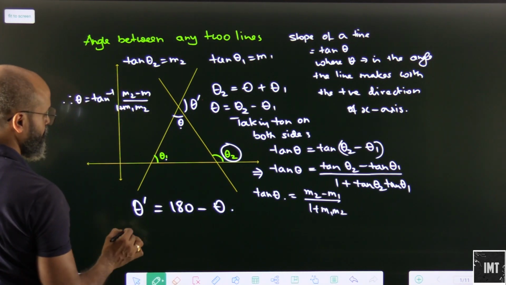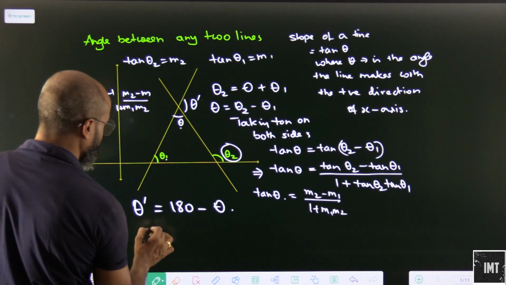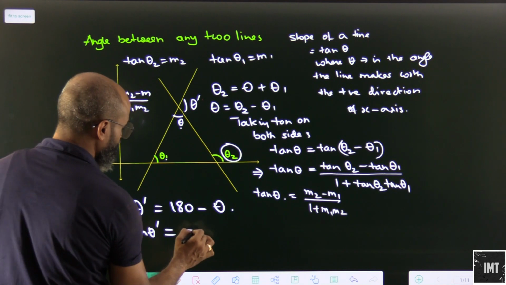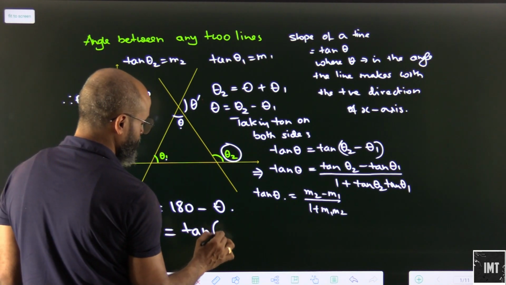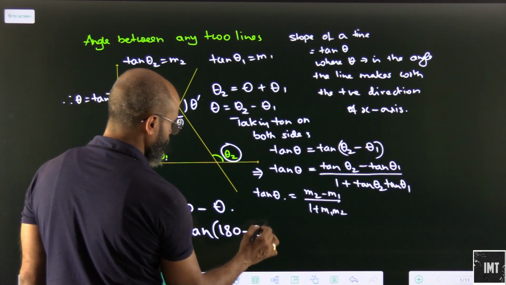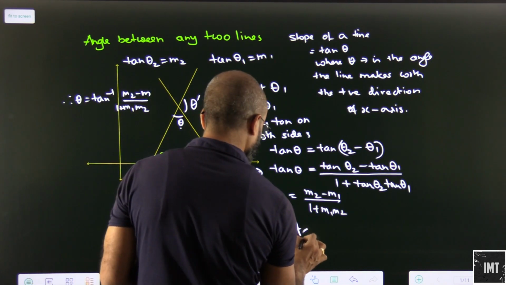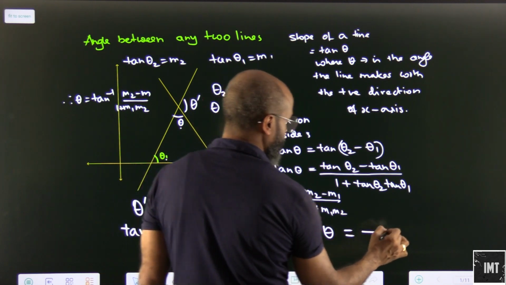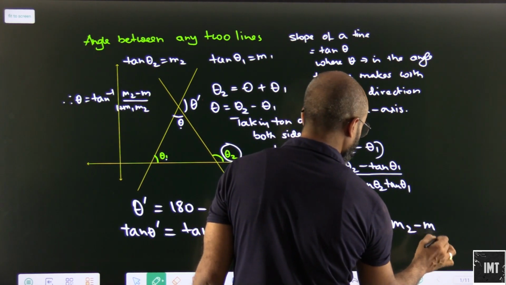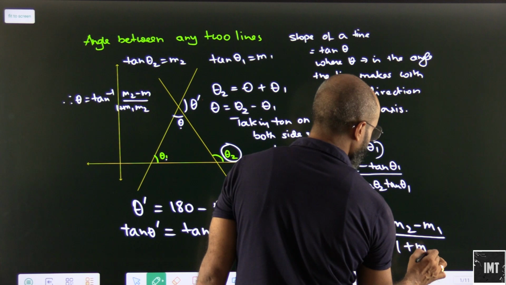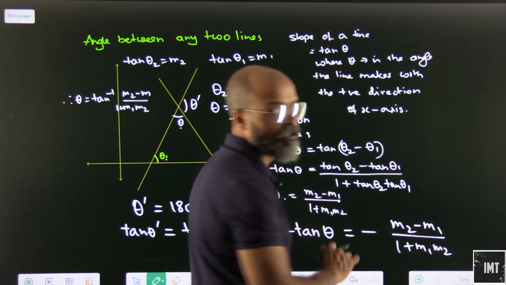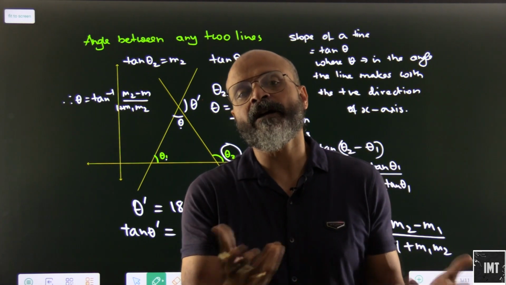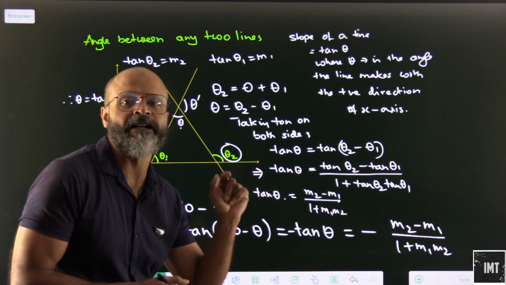So tan theta dash will be equal to tan (180 minus theta), which will be minus tan theta, which is minus (m2 minus m1) upon (1 plus m1 m2). So in this case we will get one positive value as well as a scope of getting a negative value as well.